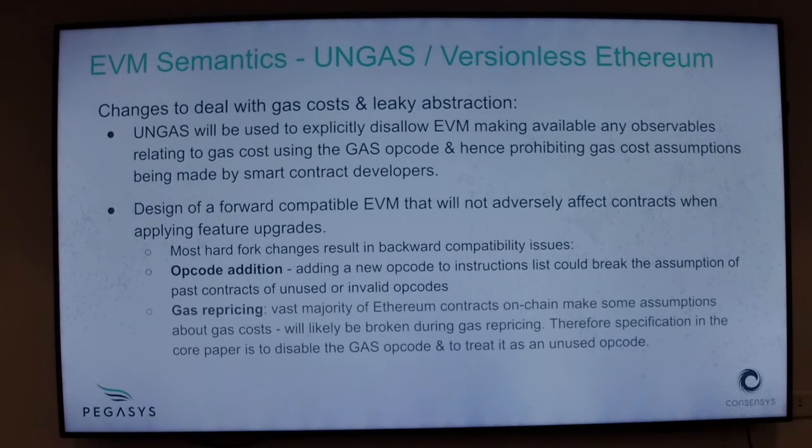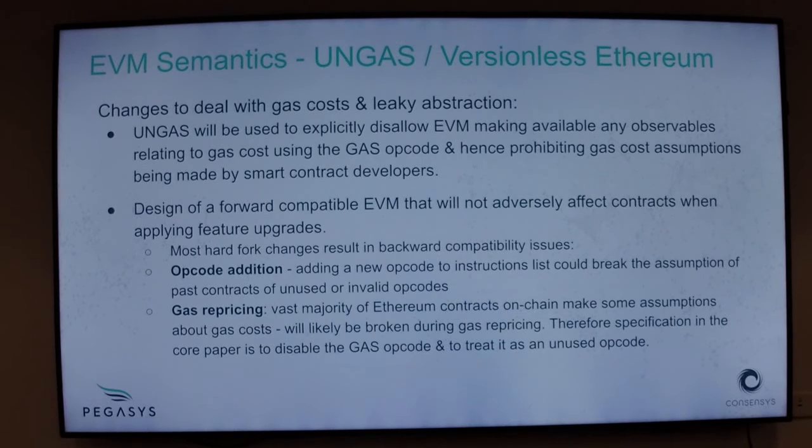So most hard fork changes actually result in backward compatibility issues. For example, opcode addition: if you add a new opcode to the instruction list, it could break the assumption of past contracts about unused or invalid opcodes.